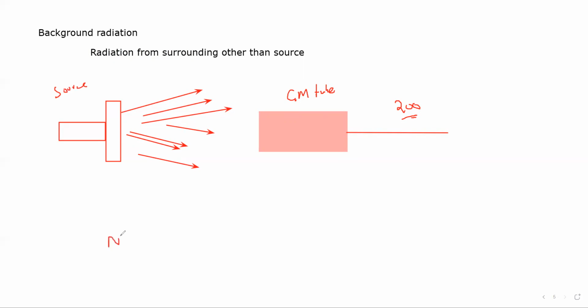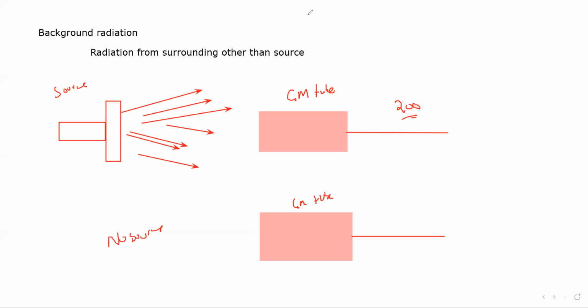But if I remove the source, there is no source. And I place the detector in a room where I don't have any radioactive source. What should be the reading on the GM tube? It should be 0, but practically it will not be 0. Why will it not be 0?